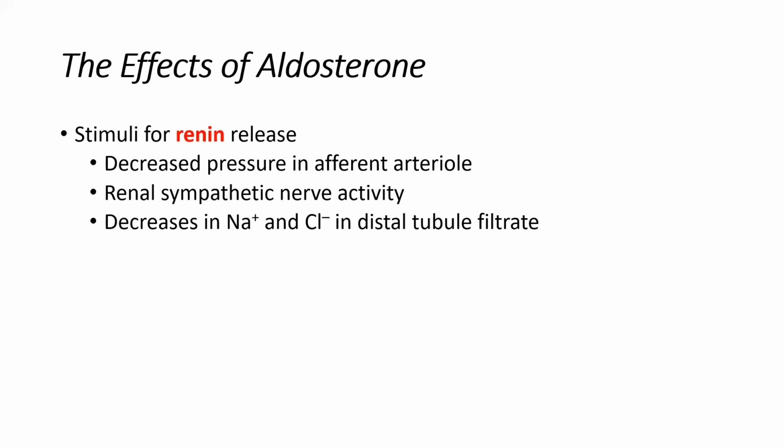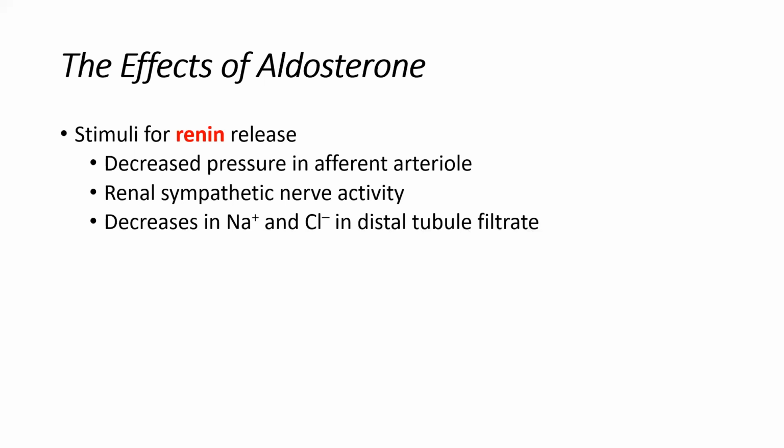The third stimulus for renin is if there is a decreased amount of sodium and chloride coming through in the distal tubular filtrate. So if the cells of the distal tubule, and although it's not specified here, the macula densa cells are going to sense this, right? Remember, the macula densa cells are the cells in the distal tubule. They are going to sense that there's not a lot of sodium in the distal tubule and there's not a lot of chloride.